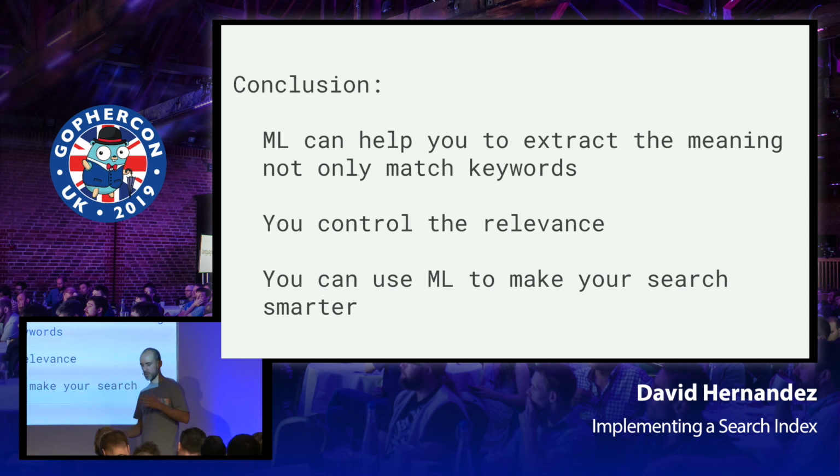Also, I don't know if you ever tried to adjust the relevance in Elasticsearch or other search solutions, but it's pretty difficult. You just end up adjusting too many things and optimizing for one use case. Using machine learning, you can control the input and the output very well. So I think you have better control of your relevance.